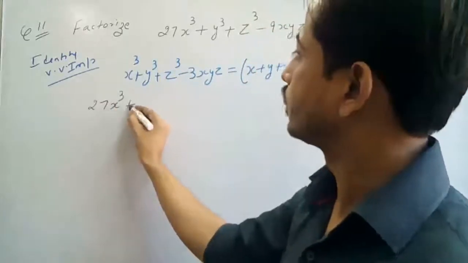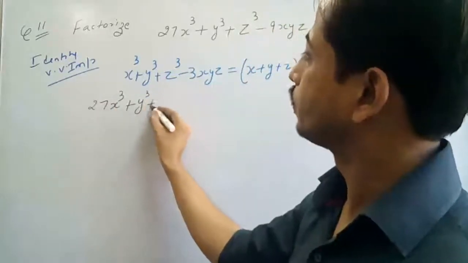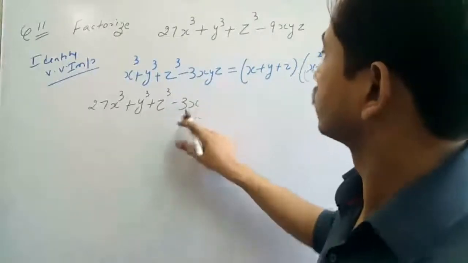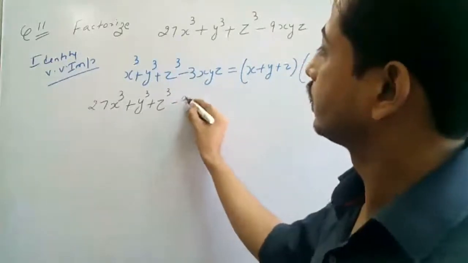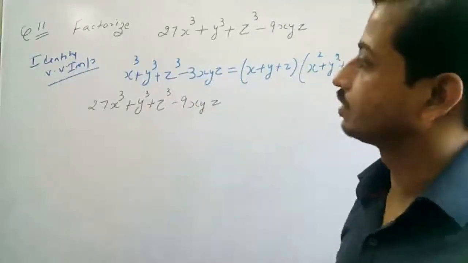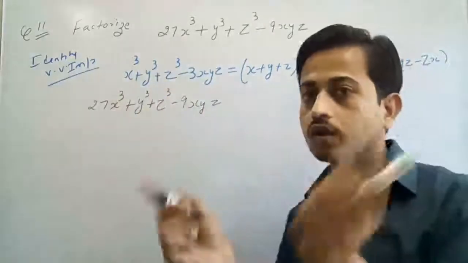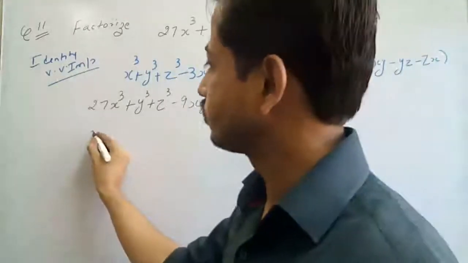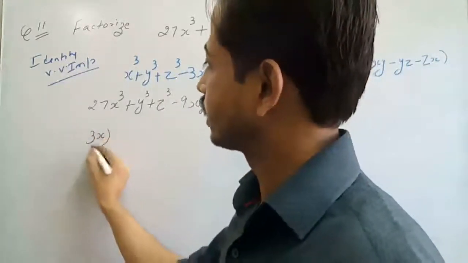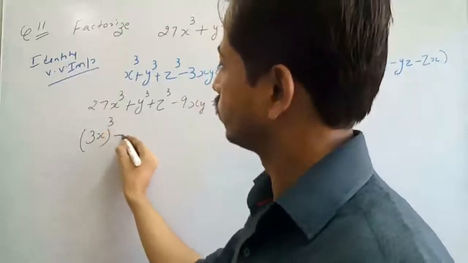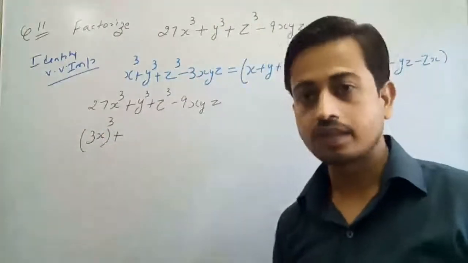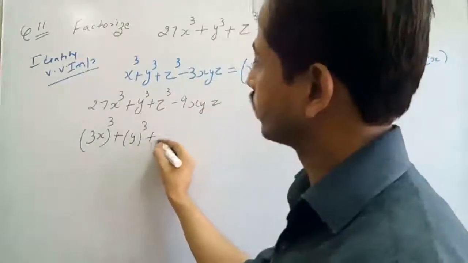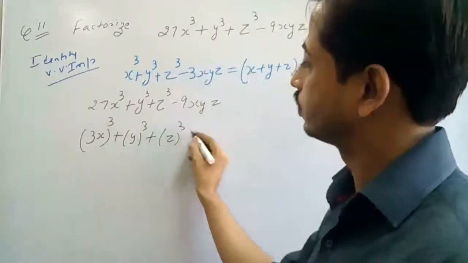27x cube plus y cube plus z cube minus 9xyz. First term we have to write as a whole cube. So 27 is what? Whole cube of 3. So this can be written as 3x whole cube. Now y is already y cube, and z is already in terms of this.